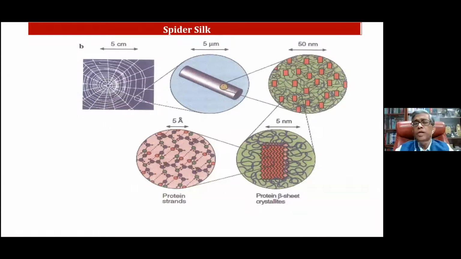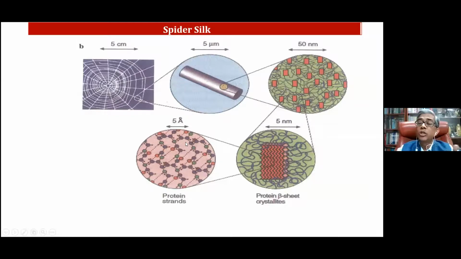If you think of spider silk, we know this silk material which is being used. If we look at the spider silk, at a 5 centimeter scale, and take any one of the spider fibers and look at it from macroscopic to microscopic to nanoscopic level, you see that the spider silk is made of nanostructured material, in a protein, at an angstrom level.